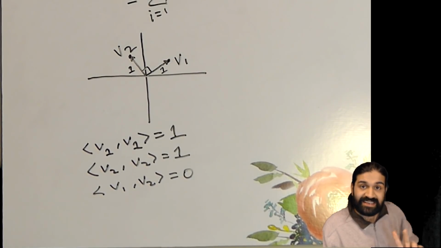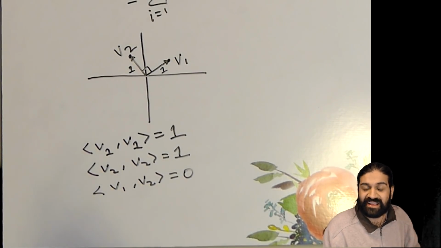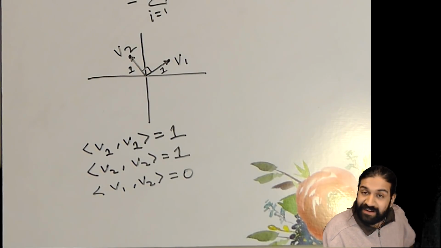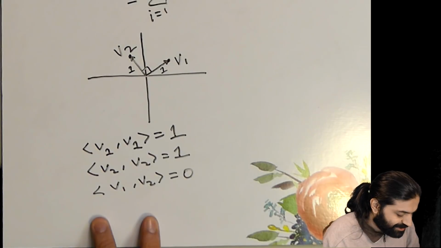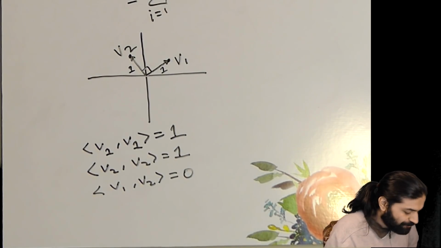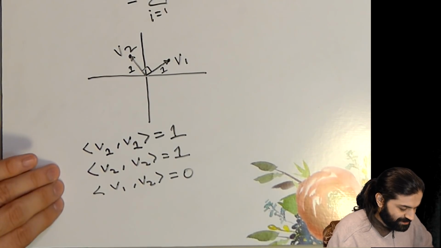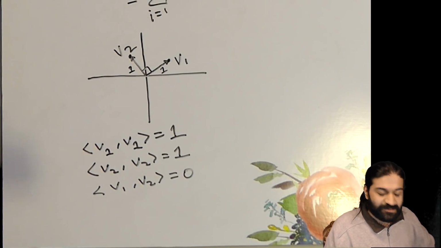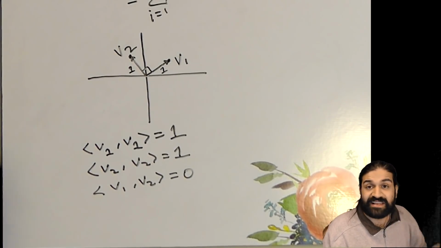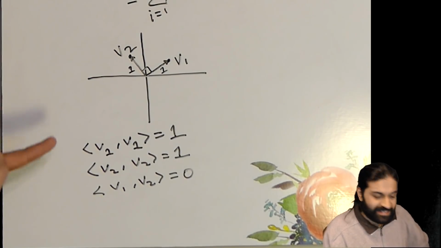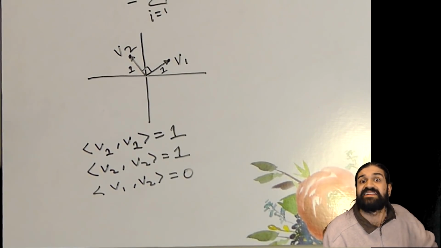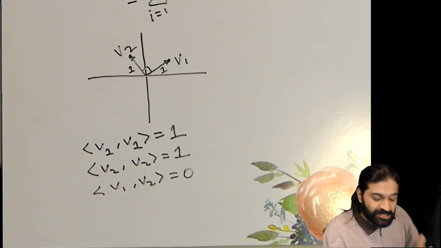This is true for any 2 vectors that are at right angles to each other. This is actually a very easy way to test whether or not 2 vectors are at right angles to each other. You can check their inner product and see if you get 0. These 2 are actually equivalent, by the way. So if you want to test whether or not you have 2 vectors that both have a length of 1 and are at right angles to each other, you can just check these 3 formulas. They contain identical information.